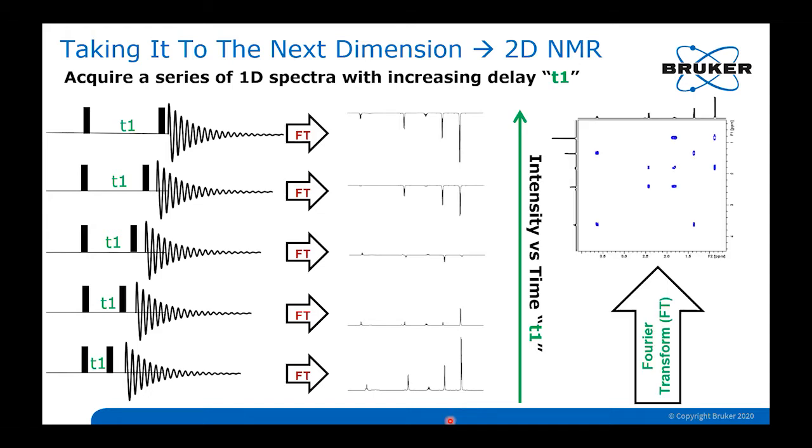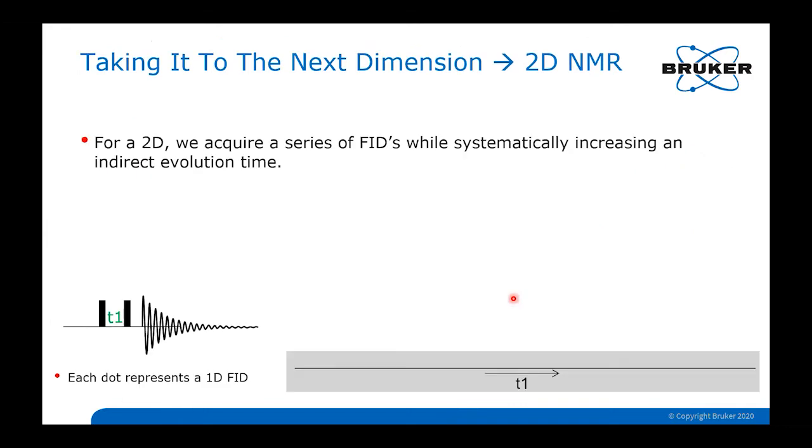Take the Fourier transform of that indirect dimension, and now we get our 2D spectrum. Another way to look at that is this, where each of the dots down below represents an individual 1D spectrum. So again, we systematically increase our internal delay, acquire a series of FIDs, which allows us to get our 2D spectrum. Moving to higher dimensional experiments extends this a little bit further.